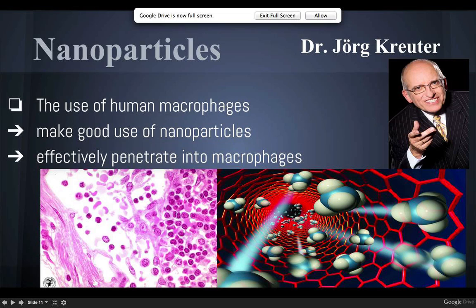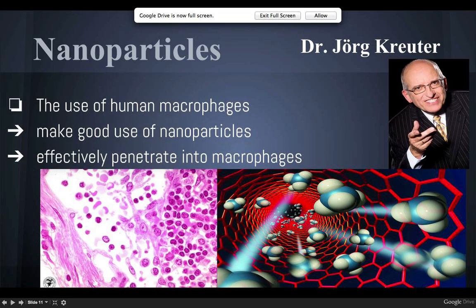This doctor uses human macrophages, which are large phagocyte cells from tissue. He uses these human macrophages and particles to modify the surface properties of the drug carrier, so that it can effectively penetrate into macrophages.